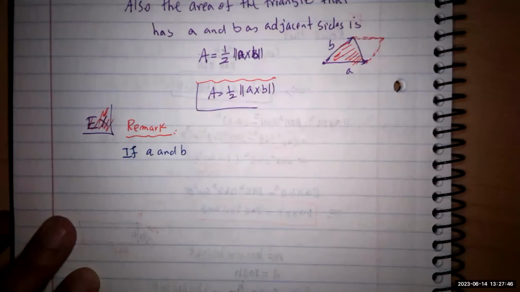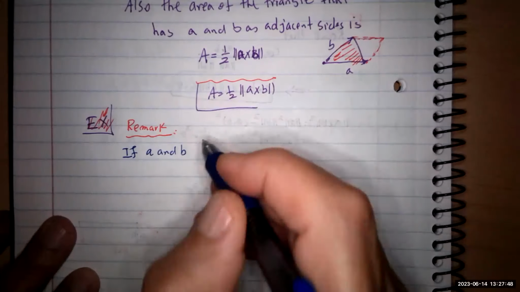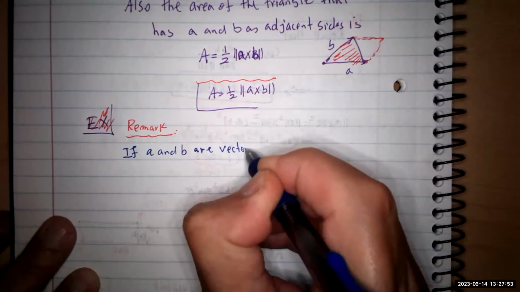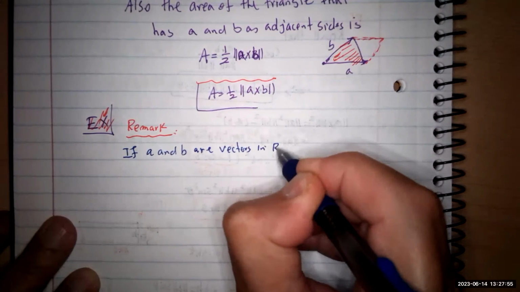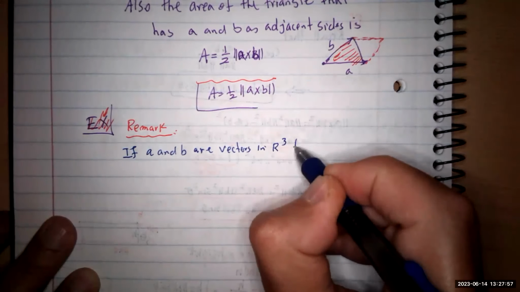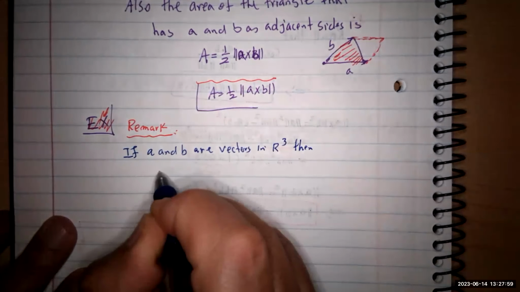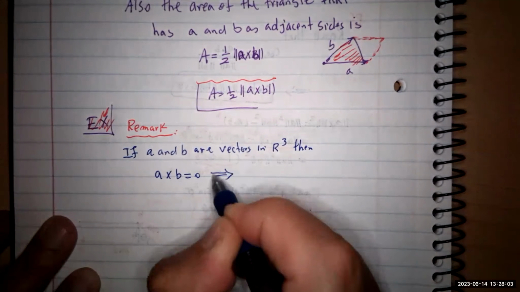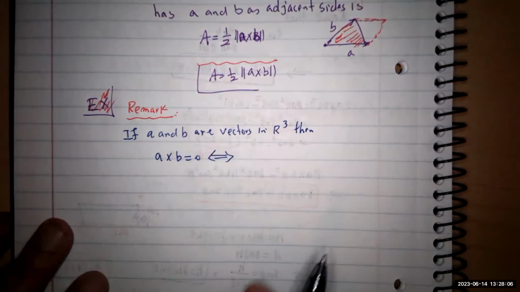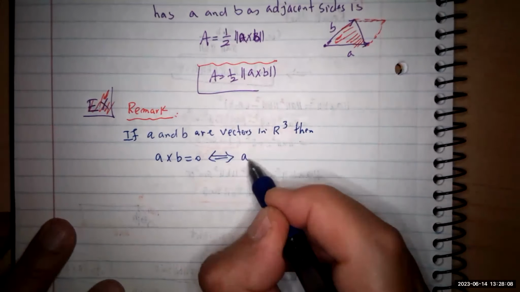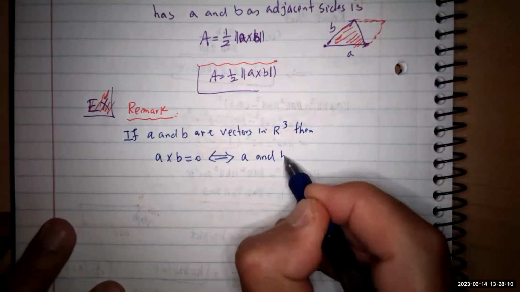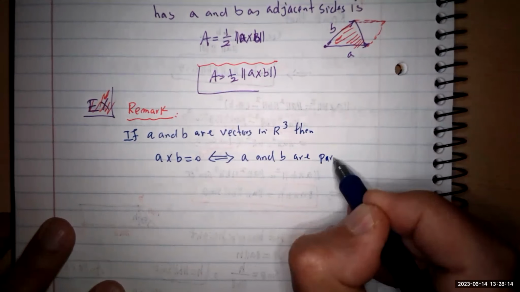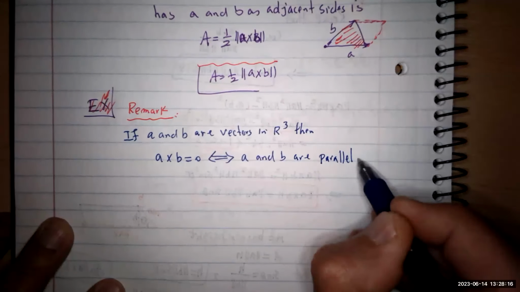And now we get A cross B. If A and B are vectors in R3, then A cross B is equal to 0 if and only if A and B are parallel vectors.